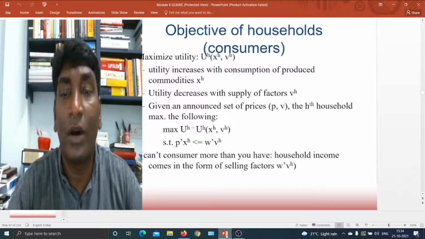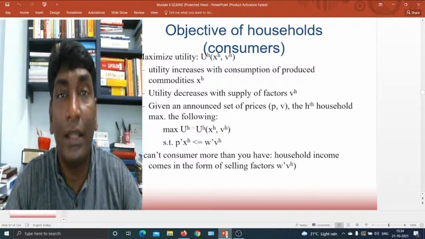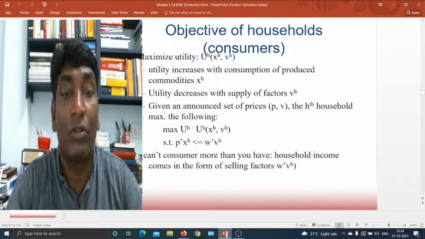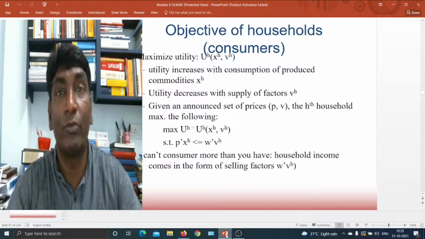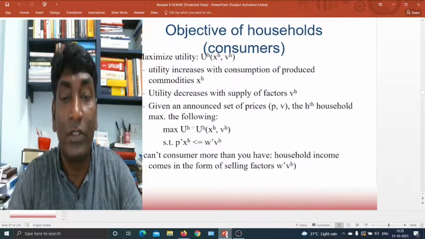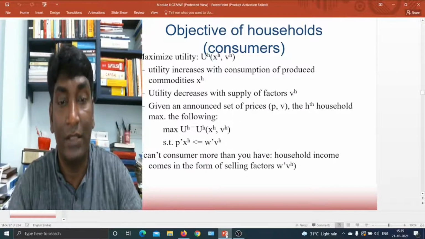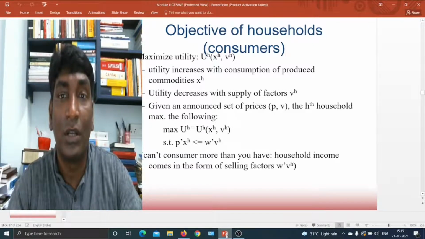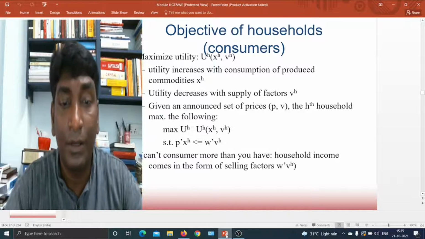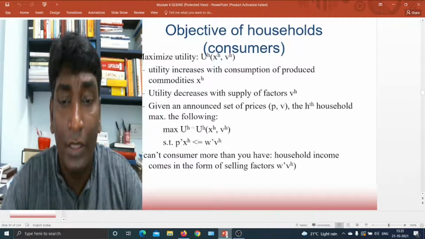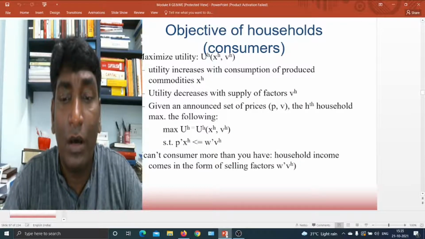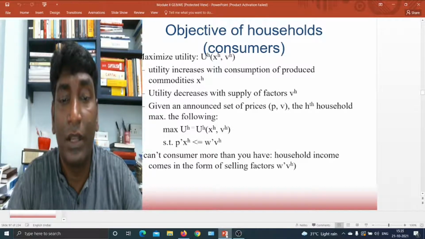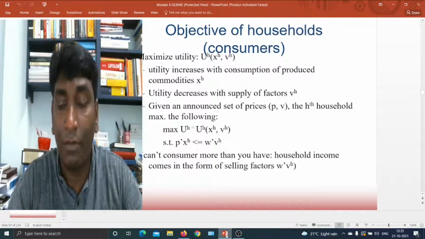Given a set of prices P and W, the household's maximization of utility is the following: maximize UH of XH, VH, such that P dash XH is less than or equal to W dash VH. The point is that the consumer cannot spend more than what they earn from selling factors, W dash VH.